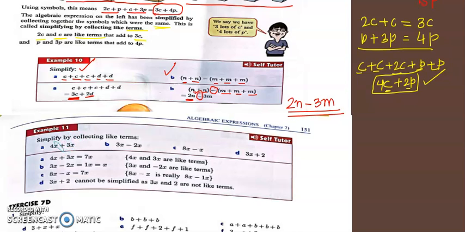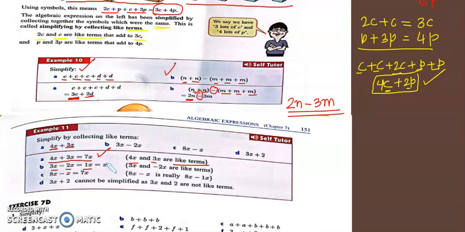Example 11, simplify by collecting like terms. 4x plus 3x. Like terms 4x and 3x added together give you 7x. 3x minus 2x, they are also like terms, so you can subtract them and you will get 1x.